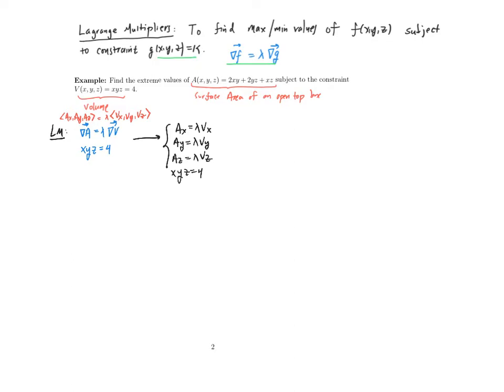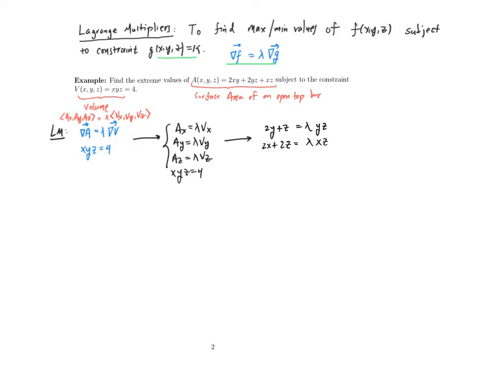Let's go ahead and once again put these in terms of the specific functions of interest we have. Looking at the functions A and V, we have the following partials. A_x is 2y plus z, which is equal to lambda V_x. Similarly, A_y is 2x plus 2z, and that's equal to lambda times V_y, which is xz.